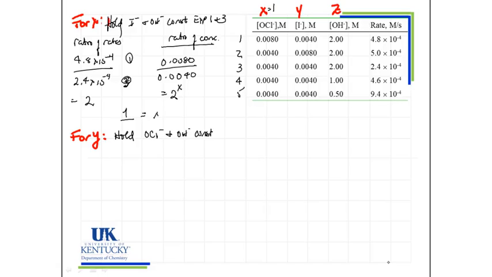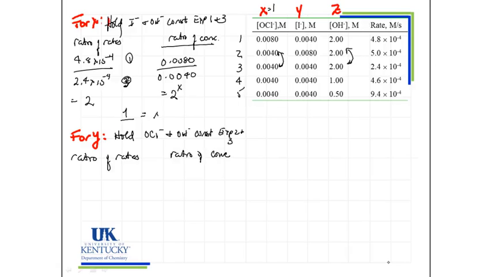I see that experiments 2 and 3 hold OH minus and OCl minus constant. So I'm going to be looking at experiments 2 and 3. And we'll do the same process, ratio of rates and ratio of concentrations.